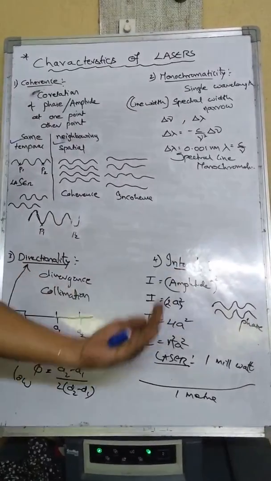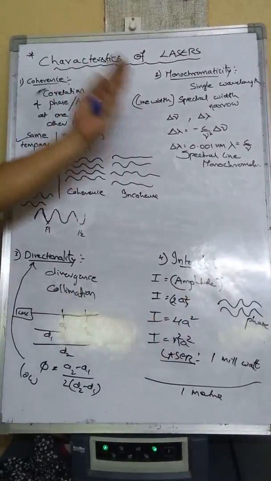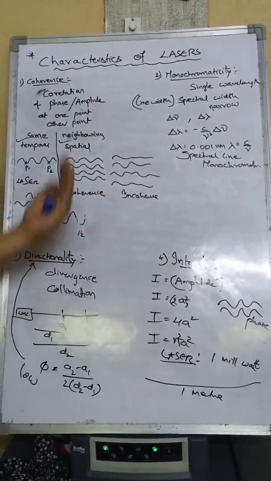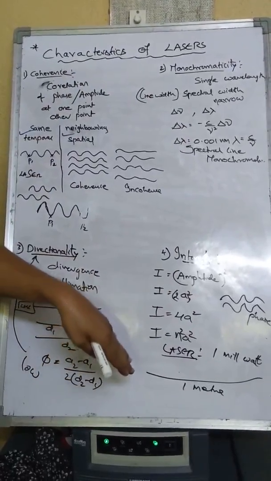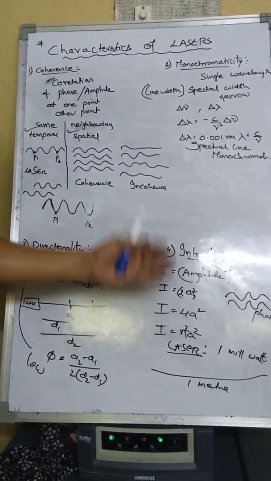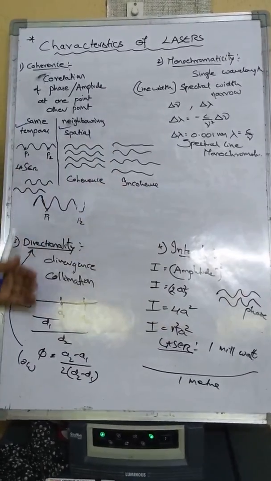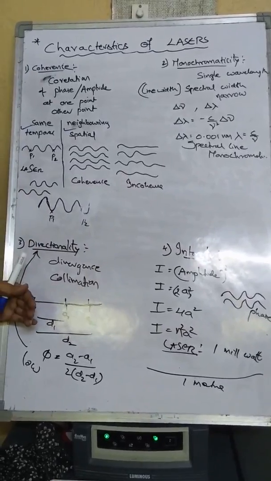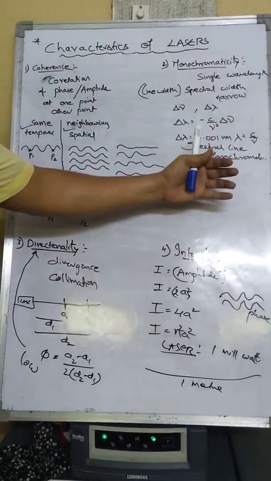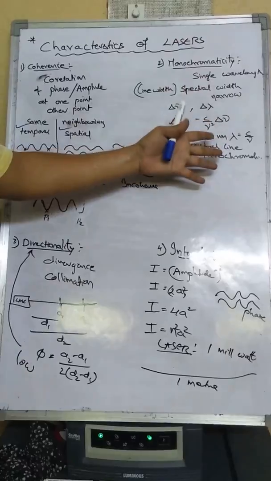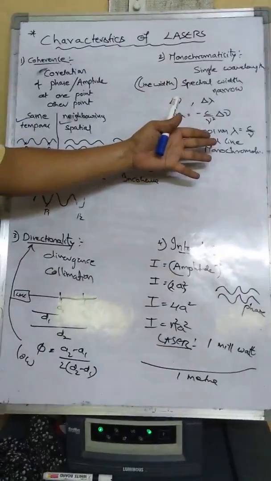If we go through our lecture in reverse, then automatically questions will arise: sir, why the intensity? Because of the phase. Why the directionality? Because of maintaining the phase. Why the monochromaticity? Due to the lesser spectral broadening.